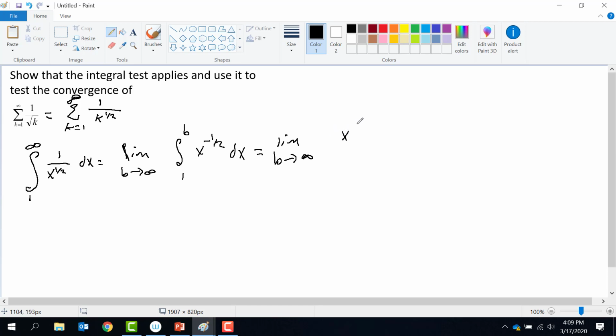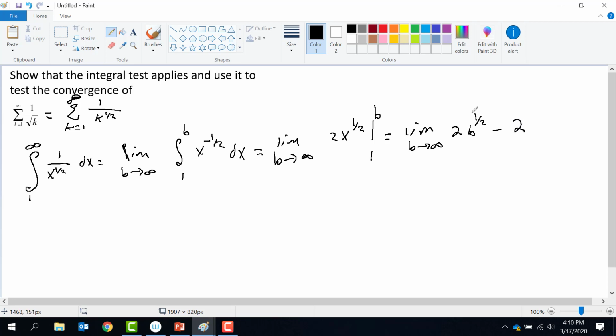So we end up with an x to the positive 1/2, and we multiply by the reciprocal, 2. Then we evaluate this from 1 to b. Substitute in the b, and we get the limit as b goes off to infinity of 2 times b to the positive 1/2 minus, when you plug in the 1, a 2.